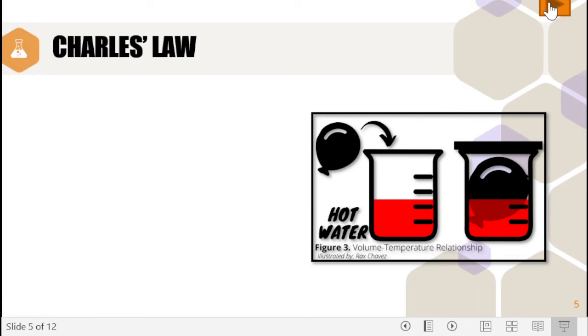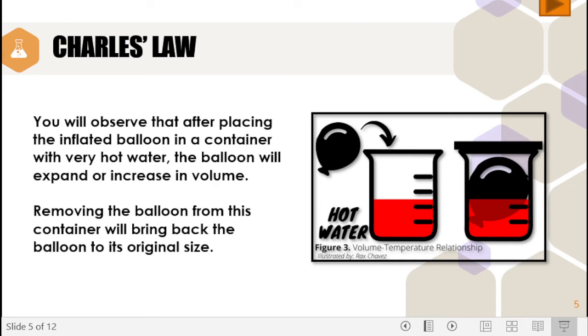To discuss it further, let us analyze this illustration. You will observe that after placing the inflated balloon in a container with very hot water, the balloon will expand or increase in volume. However, removing the balloon from the container will bring the balloon back to its original size.